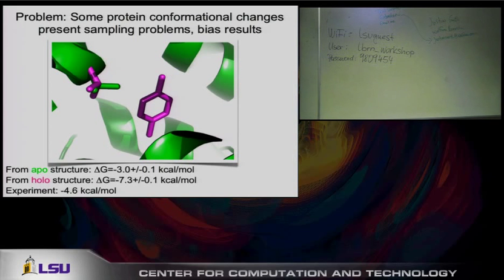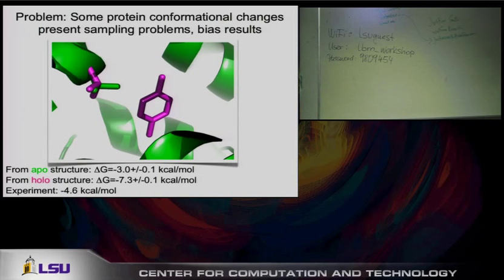Here we've done, this is p-xylene bound in the binding site. Here we've done the binding free energy calculation from two different structures of the protein. Apo is unbound and holo is bound. And what I just said is that these two numbers, the binding free energies we compute, should agree if our simulations are long enough. And they don't agree, obviously, and the experimental value is in between.